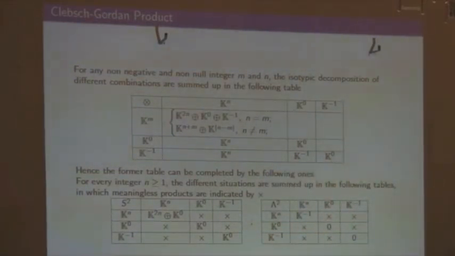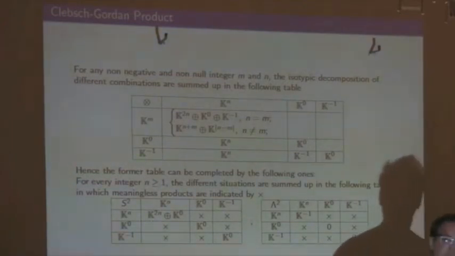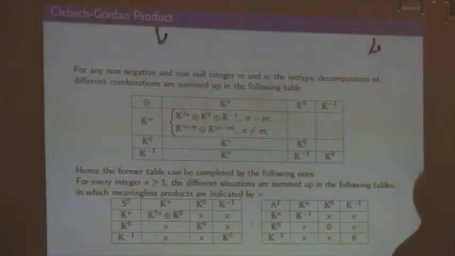We obtain here the spherical tensor space, completed by K2, which is the space of deviatoric tensors. So here it's the classical decomposition of a symmetric second-order tensor into a deviator and a spherical part.